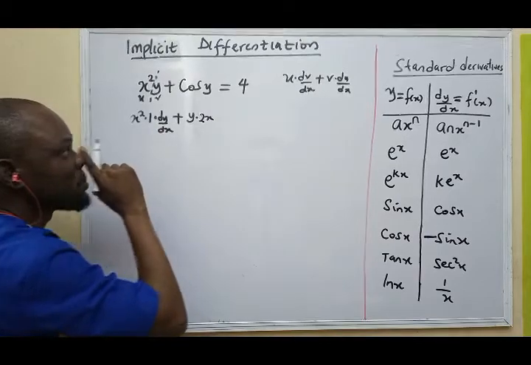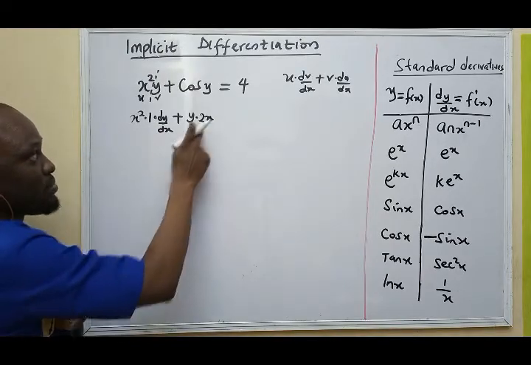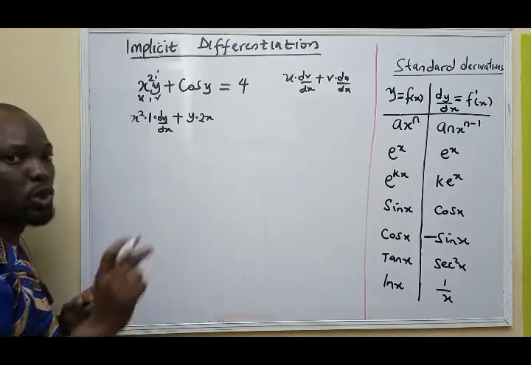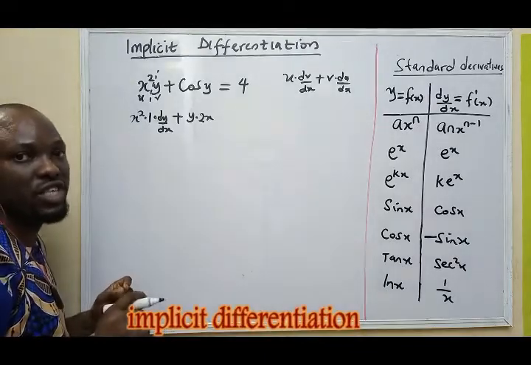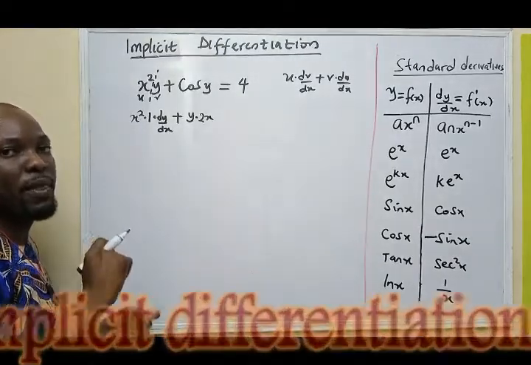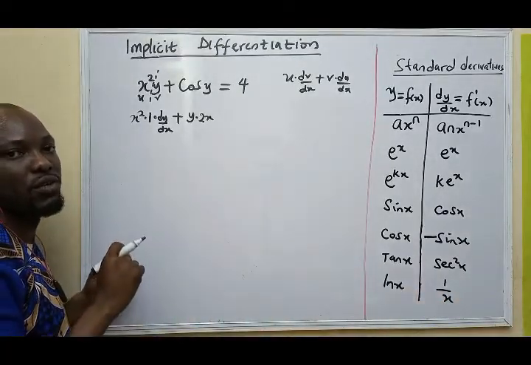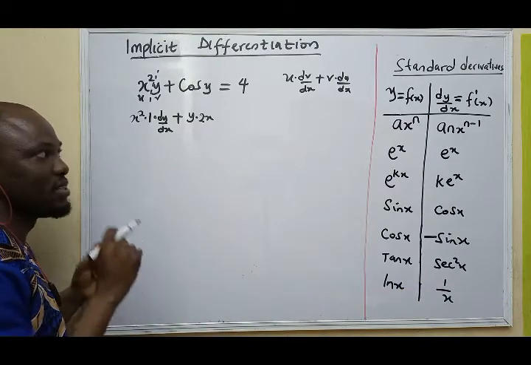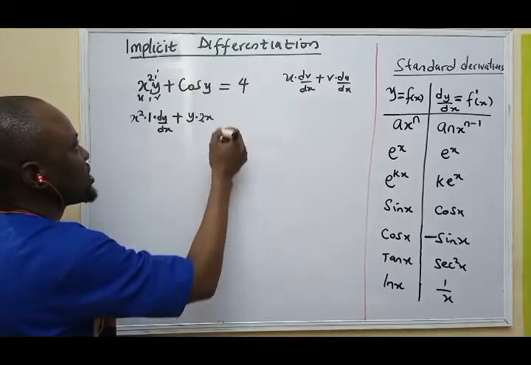Now, I'm not going to multiply that by dy/dx. Why? Because I'm differentiating with respect to x. So note that each time you differentiate with respect to y, multiply your result by dy/dx.